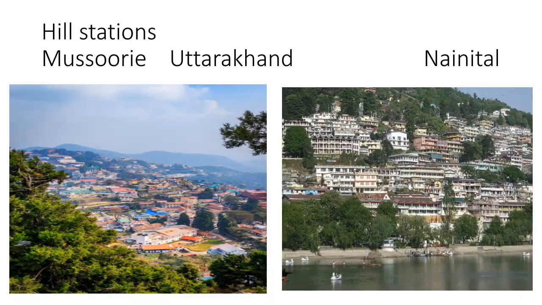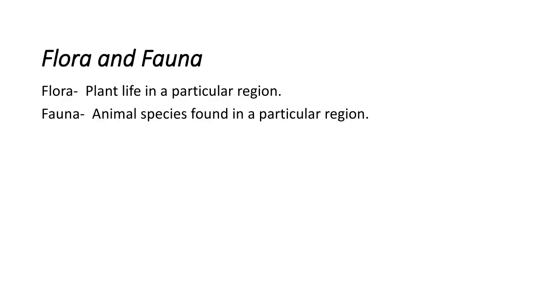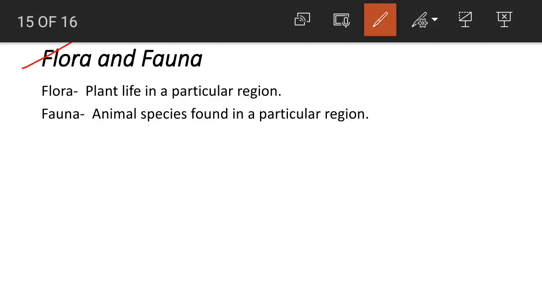So what is flora and fauna? Flora means plant life in a particular region, the vegetation in a particular region or place. And fauna is the animal species found in a particular region.